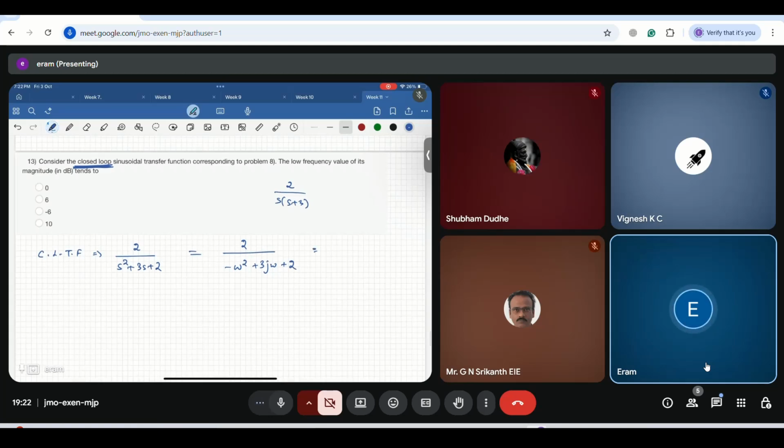The real part is 2 minus omega square, plus the imaginary part 3j omega. So magnitude in dB, how can we calculate? It is nothing but 20 log of 2 divided by the root of 2 minus omega square whole square plus 9 omega square.